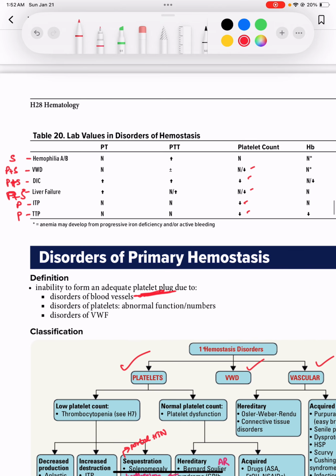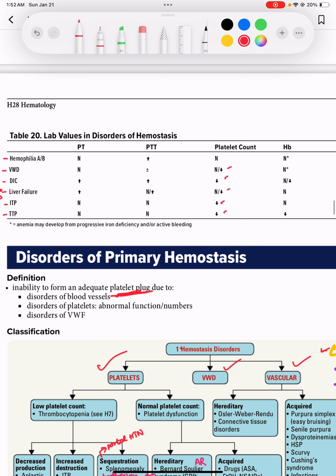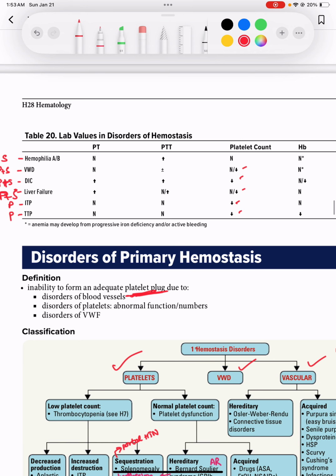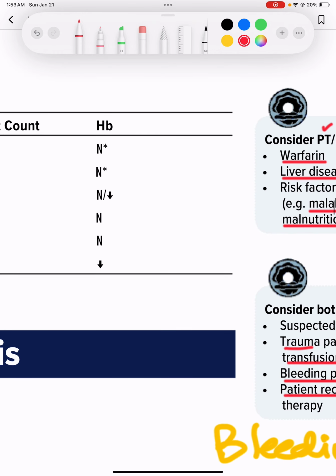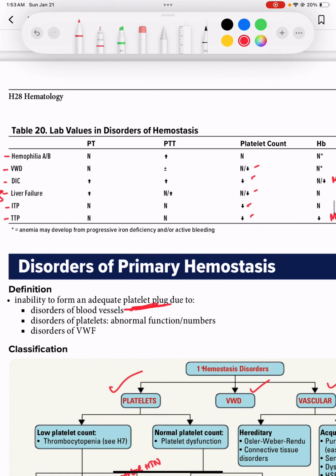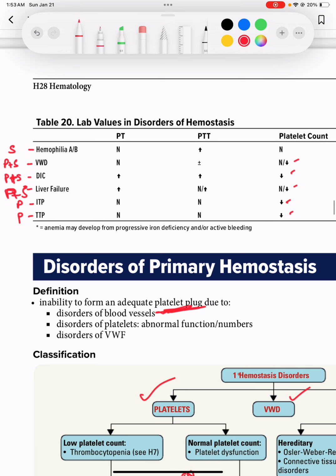Yes, it was, but we don't have it here. But it wasn't in ITP. So there would be decreased hemoglobin in DIC and TTP, because there is, we can just write here, microangiopathic hemolytic anemia. But anemia could be anywhere in these diseases where there's excessive active bleeding and iron deficiency.